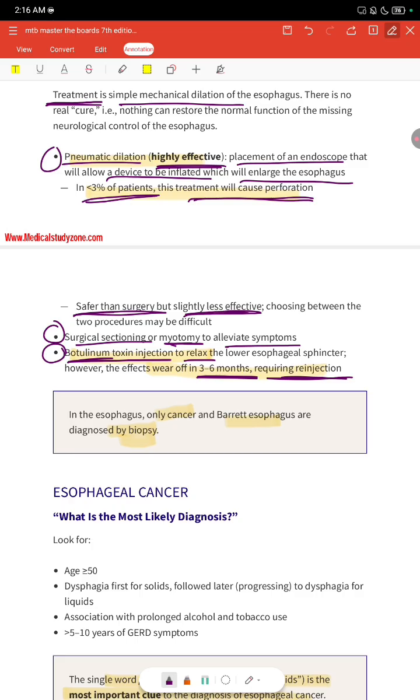There is this important point that you all should note, that in the esophagus only cancer and Barrett esophagus are diagnosed by biopsy. We don't necessarily need biopsy for the other problems of the esophagus, but the cancer and the Barrett esophagus are diagnosed by biopsy.